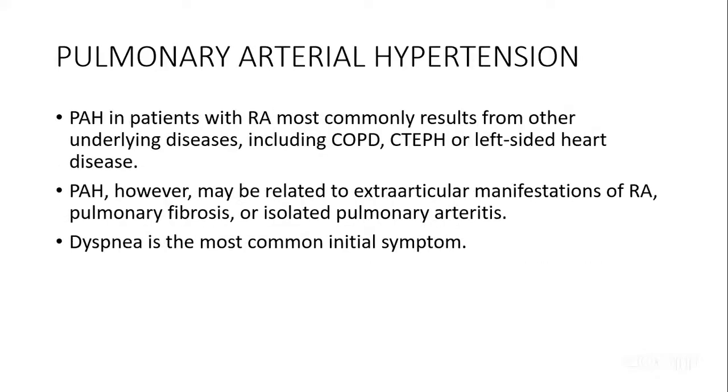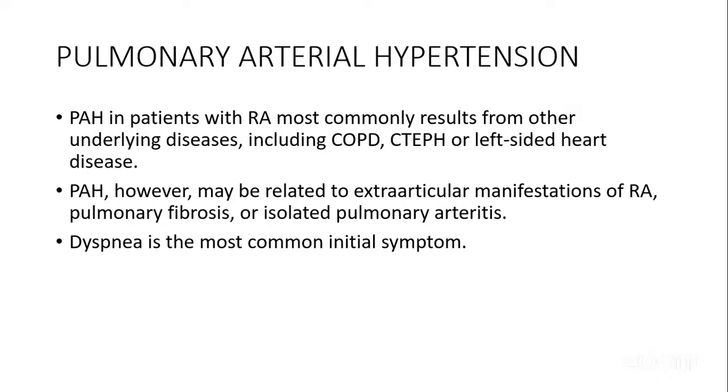Then the pulmonary circulation can also be affected, and a patient can actually present with pulmonary arterial hypertension, but this is commoner when you have coexisting underlying lung disease or other issue. But like I said, there could also be inflammation affecting the pulmonary arteries, leading to pulmonary hypertension. What gives it away is the patient presents with dyspnea that you cannot explain.